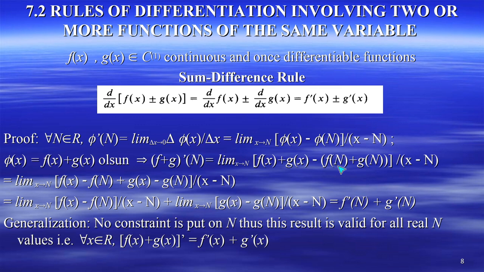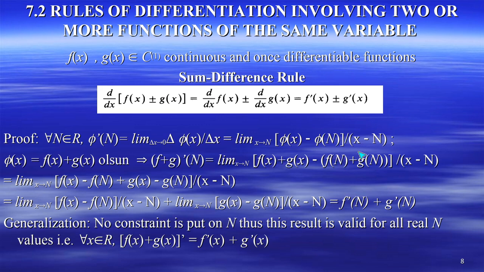Phi of n is f of n plus g of n. So we obtain the limit when x goes to n of f of x plus g of x minus, in parentheses, f of n plus g of n, and the whole divided by x minus n. This is our formula, what we obtained so far.